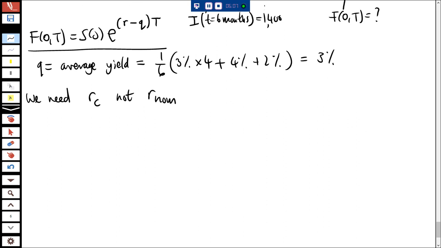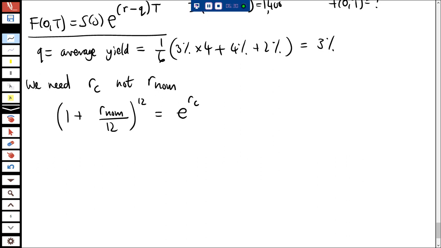The equation which connects continuous and nominal interest isn't in the formula book, but it's built into the equations, if you understand how to extract it.